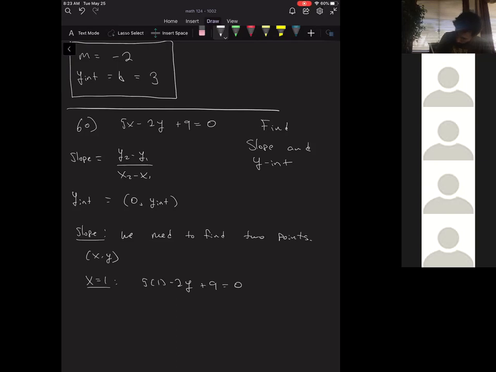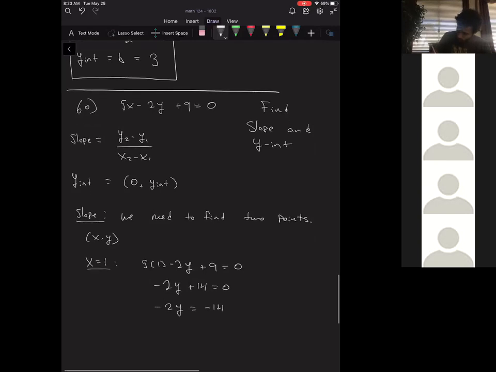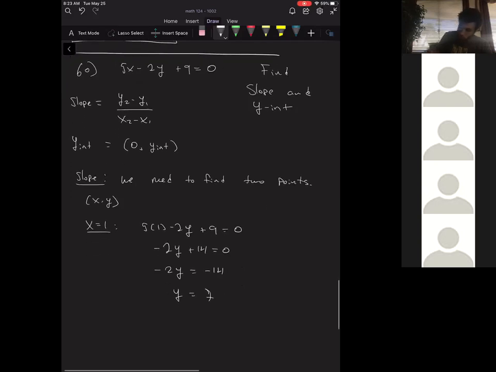So 5 plus 9, that's 14. So we have minus 2y plus 14 is equal to 0. Subtract the 14 over, we get minus 2y is equal to minus 14. Divide by the minus 2, we get y is equal to 7. So what this tells us is that when x is equal to 1, y must be 7.